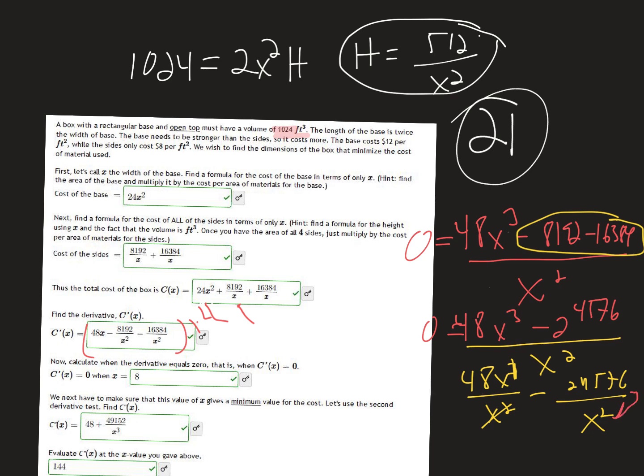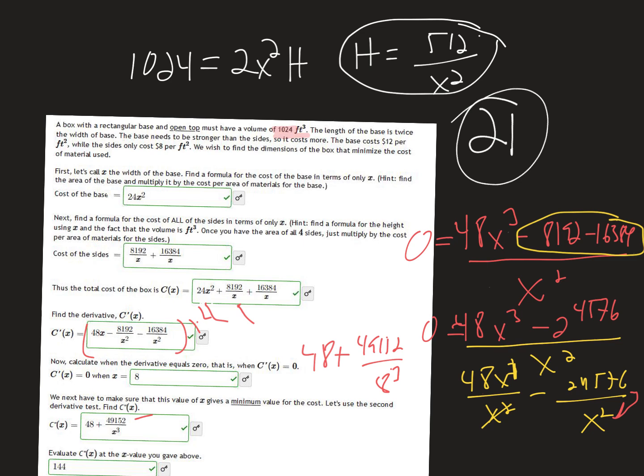Brought x to the -2. Negative times a negative is a positive, and of course it doubles the 24,576 over, and then take away 3. And then I just grabbed my calculator and substituted in 8 for the last part. So 48 plus that 49,152 over 8 cubed, which is 512.